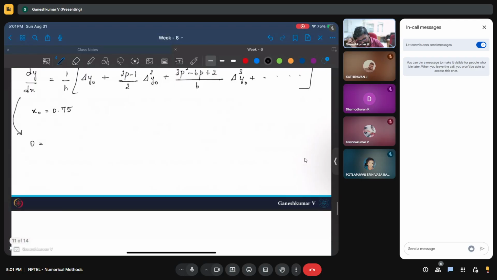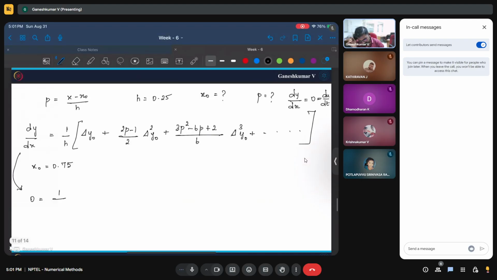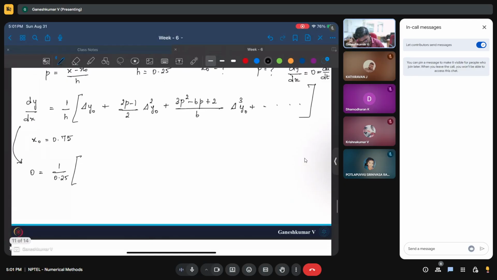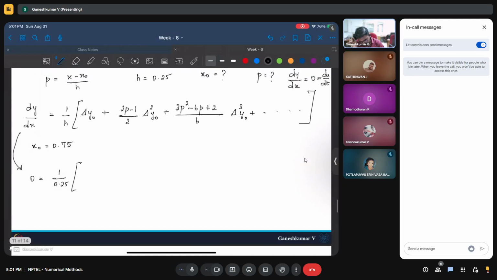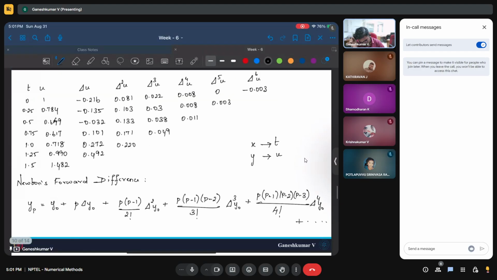Later we'll see it. Now this is going to be 1 divided by 0.25, delta y naught is 0.75. This one, this one, this, and this.